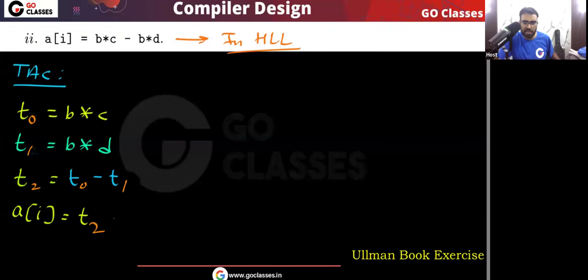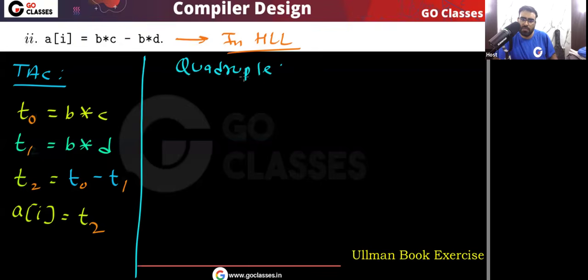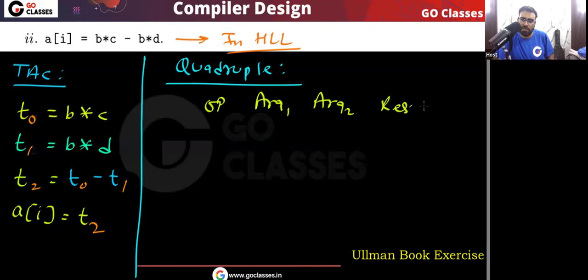So this is the three address code that we found. Now let's see what the quadruple representation will be. In the quadruple representation, we have four fields: operator, argument 1, argument 2, and result. These are the positions 0, 1, 2, 3, and so on.